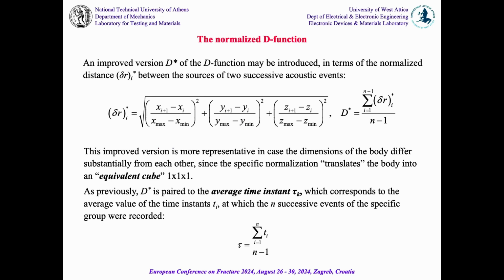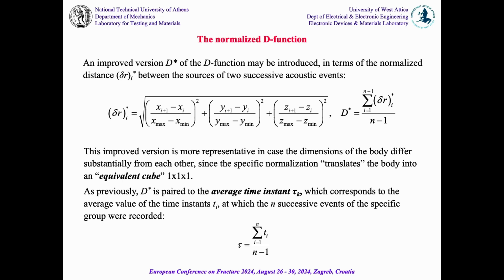Sometimes it is very important to normalize our distances with respect to the dimensions of the specimen. If the specimen is cuboidal, we do not need any normalization, but if we have a prism for which one dimension is much higher compared to the other two, then it is better to use normalization in order to translate the actual specimen into a cube. But the procedure is the same.